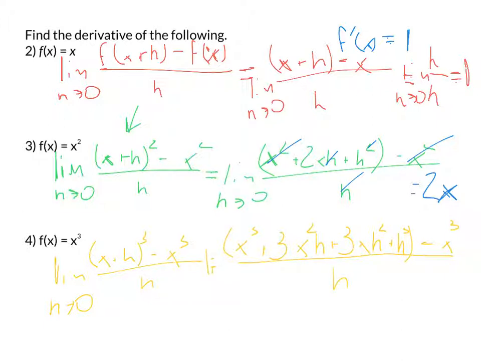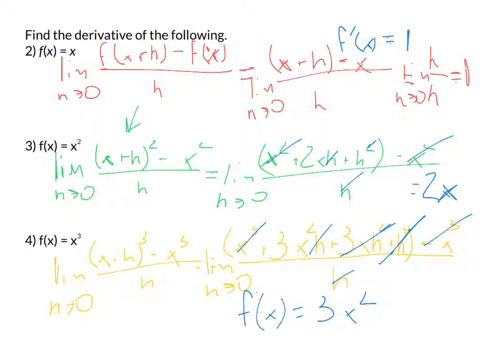And again, x cubed minus x cubed cancels. Notice that we can divide the h out of all of these. And if I put the 0 in for h, doing direct substitution, well, this h becomes nothing. 3 times x times 0 becomes nothing. And so all we end up with is 3x squared. So the derivative of x cubed is 3x squared.